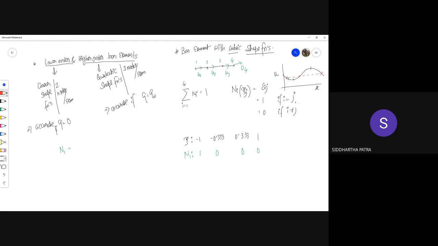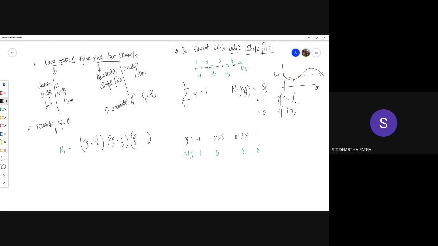You see, this is the only way you can have three identical values on a single polynomial. So N1 could be something like, since it is 0 at each of these values, xi plus 1 third, xi minus 1 third, and xi minus 1.